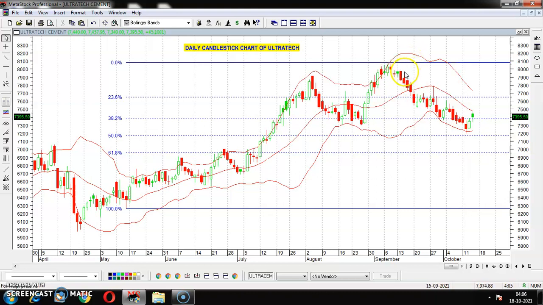M top generally happens in the upper band. The first top should touch the upper band, and the next should not touch the upper band. But here there is no such candle which has touched the upper band, so there is no question of an M top formation over here.